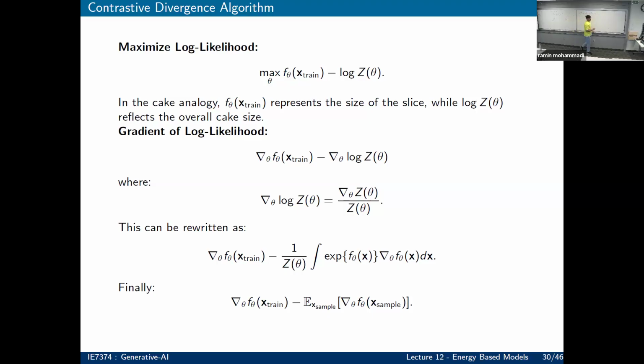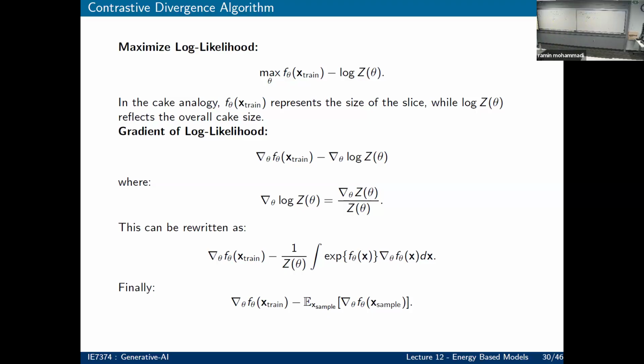So in the first term, you see it's just f theta of x minus the log of this. That's the first one. Now your goal is to maximize that term, because that's maximizing the likelihood with respect to theta. So how do you maximize it? Take a derivative with respect to theta. If we take the derivative with respect to theta, technically you have this term minus the gradient of log Z theta, right?